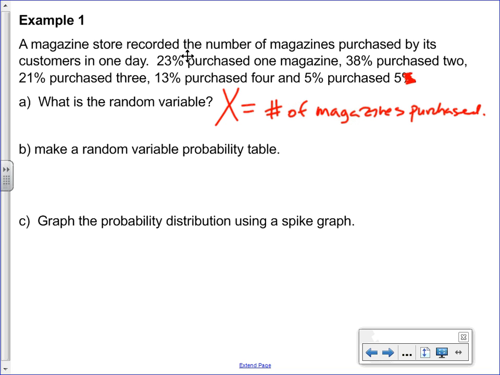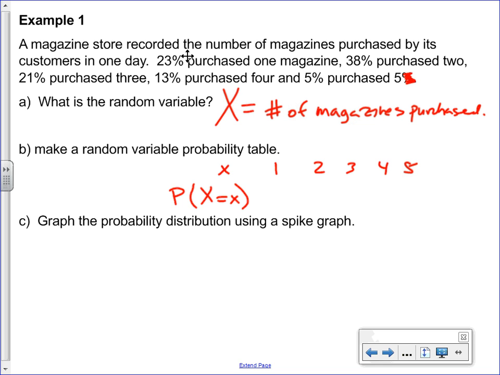Okay. So let's make a random variable probability table. Little x is going to be the number of magazines that could have possibly been purchased. So we have 1, 2, 3, 4, and 5. I'm going to do the total at the end. Then underneath is the probability, and the way you write it is the random variable equals little x.